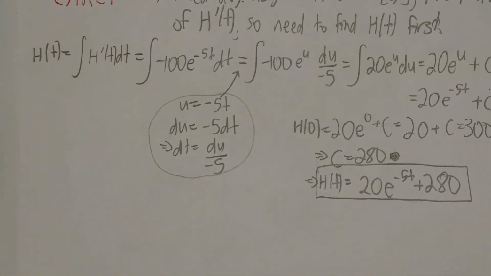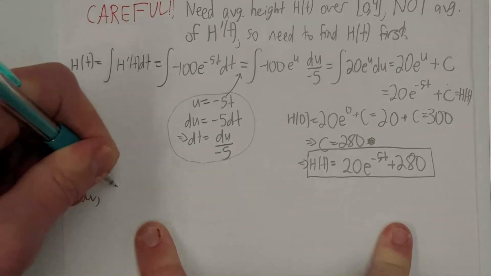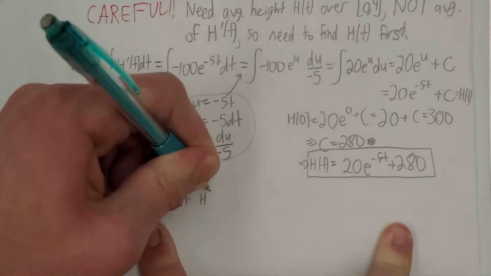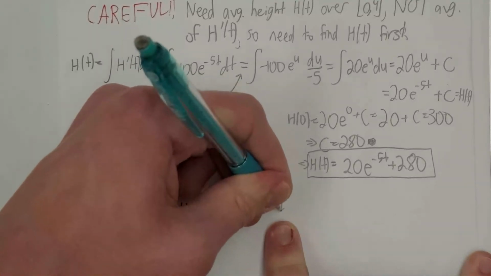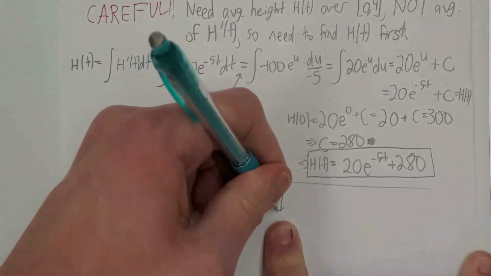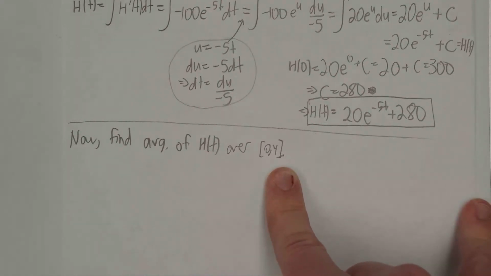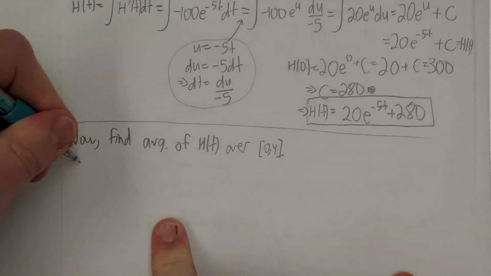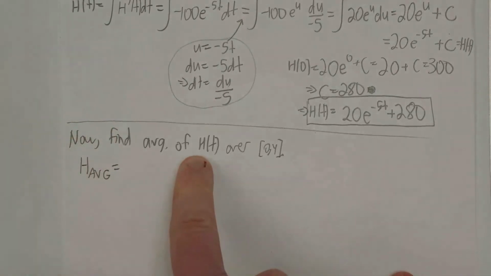Okay, so now find the average of h of t over 0 to 4. Okay. So now from here we apply our average value formula. In this case, I'm going to use h sub avg because h is our function.